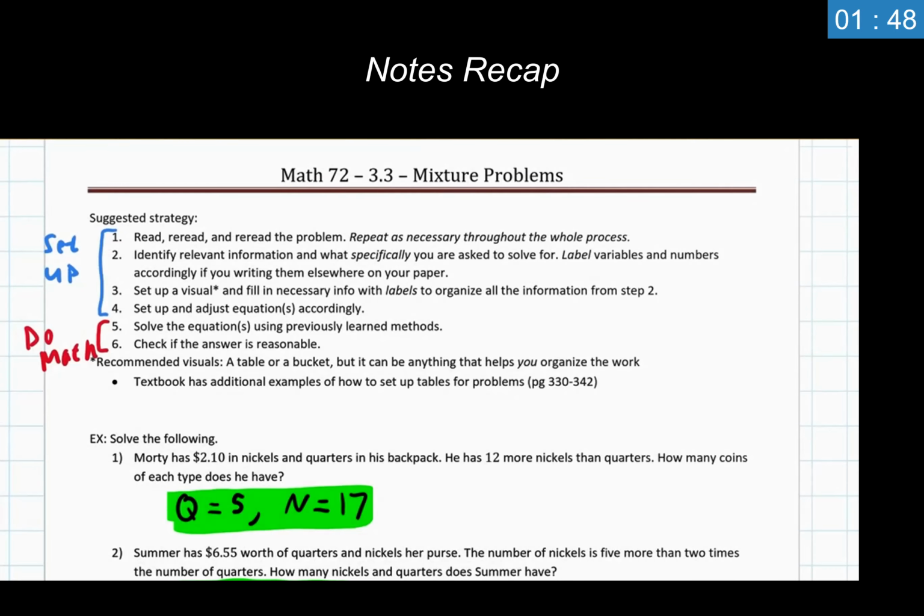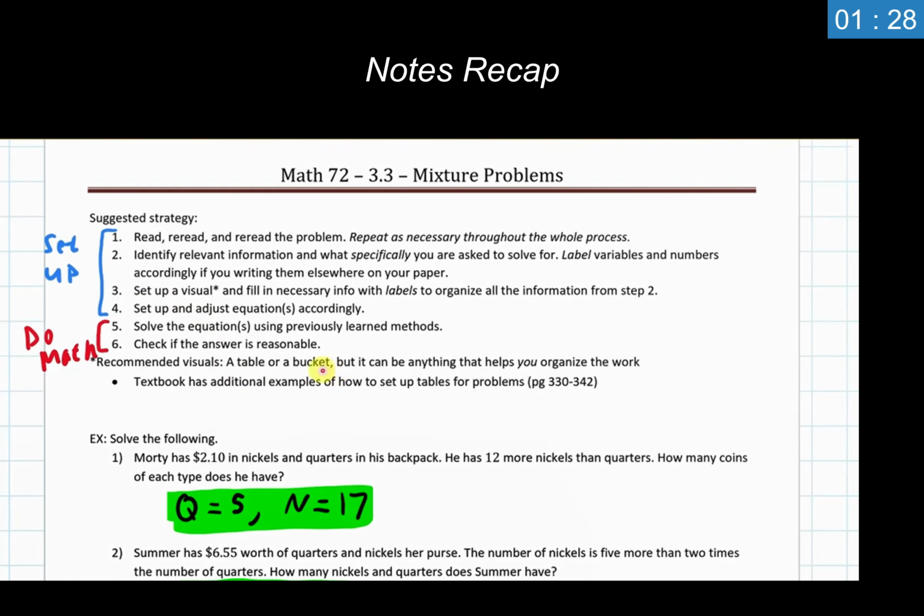Bringing everything back together at the very end, I have a quick summary of the stuff that we covered for today. We worked with setting up our mixture problems. We had our different strategies of reading through and identifying information. 2 different ways of setting up visuals for these things, either with tables or with buckets.